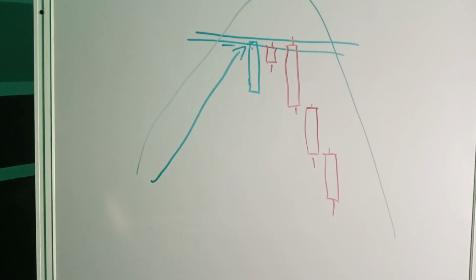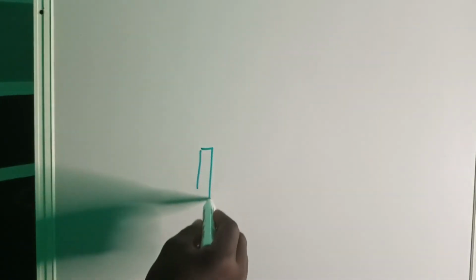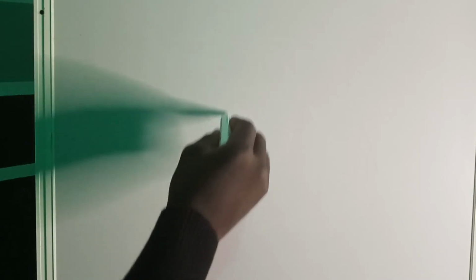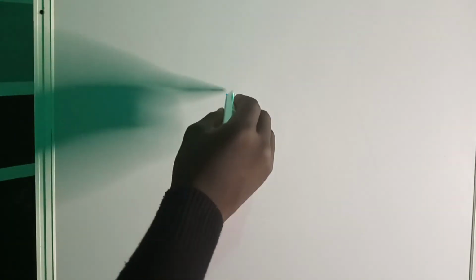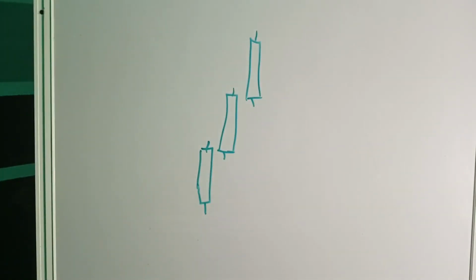But the next candlestick we will look at is the three white soldiers. This is a very simple candlestick. It involves three candlesticks, three strong candlesticks.